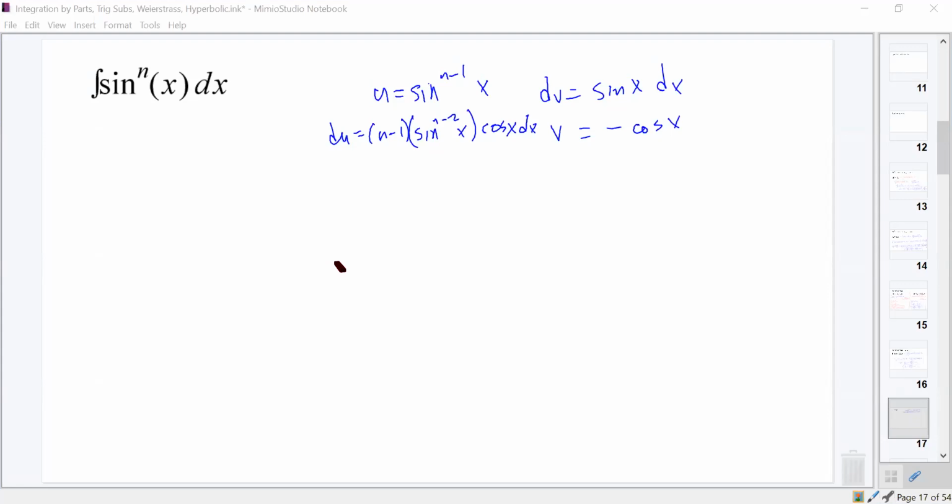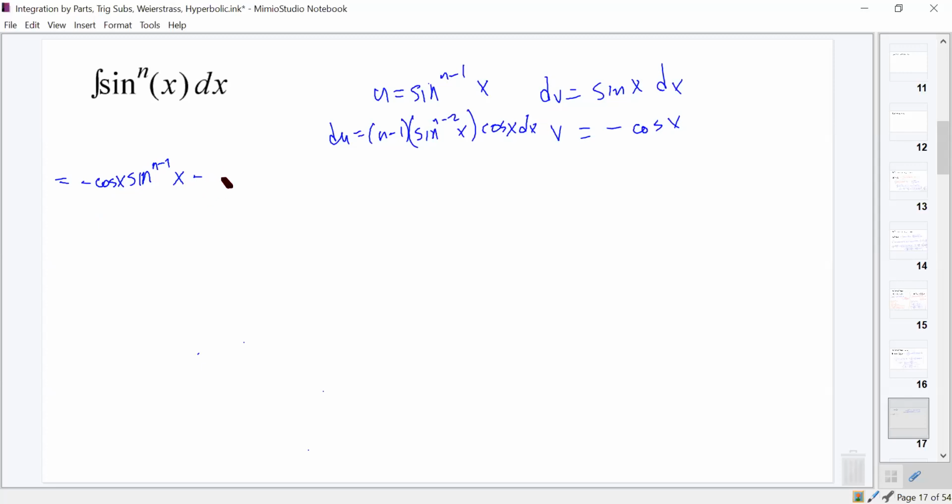All right, so if we're using integration by parts here, we're going to end up with, first off, u times v, right? So this integral should be equal to u times v, which ought to be negative cosine x sine to the n minus 1 of x, and then minus an integral of v du.